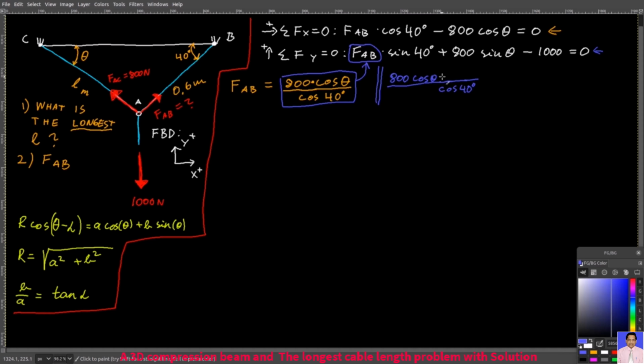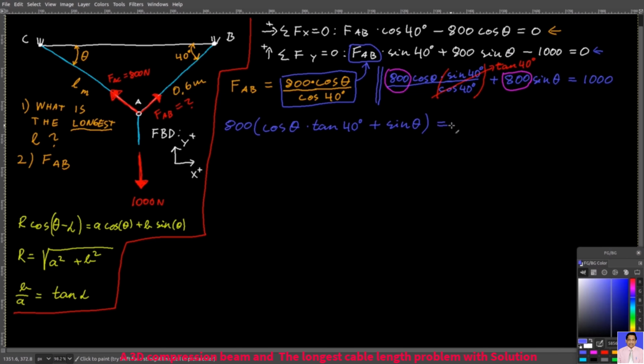This is my FAB times sine 40 degrees, then plus 800 sine theta, and I'm going to put 1000 to the other side of the equation sign. And of course, this one here, it's tangent 40 degrees. And now I can factor out my 800 here. So I'm going to have 800 times all this equals 1000.